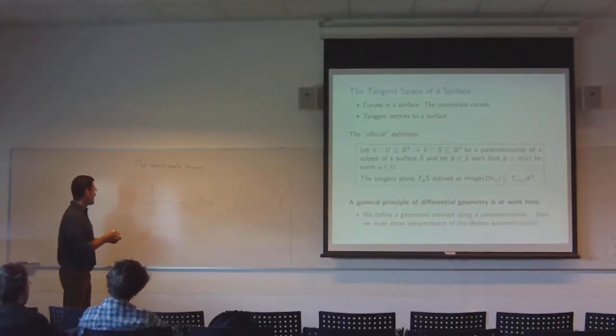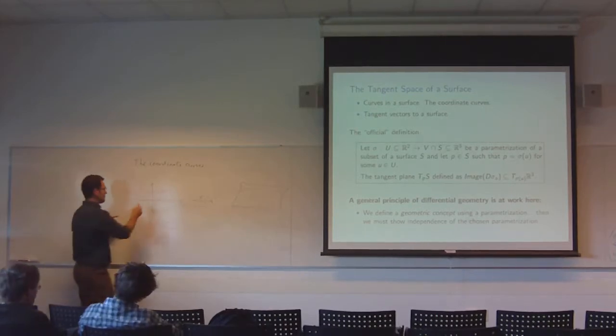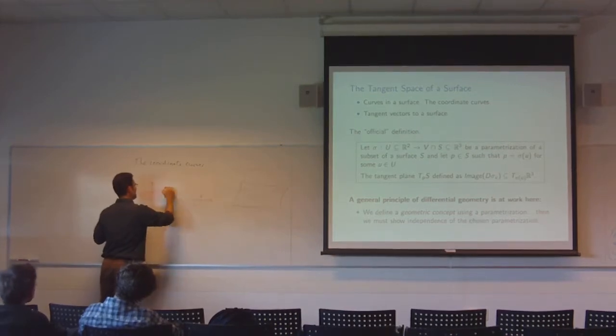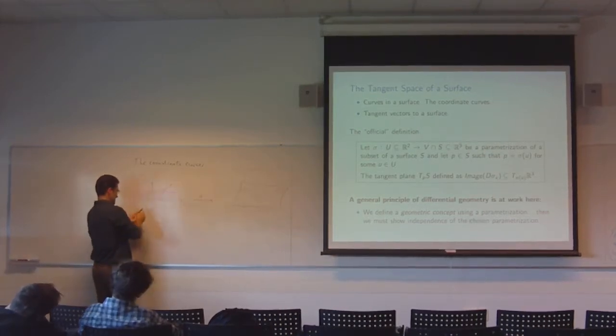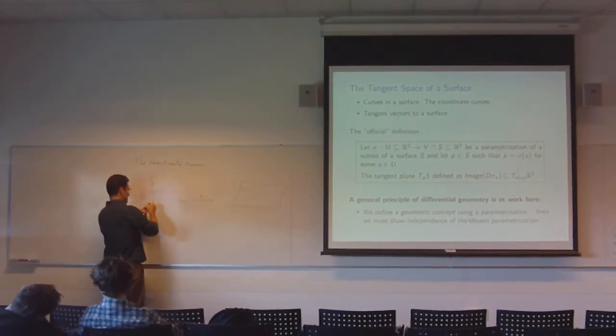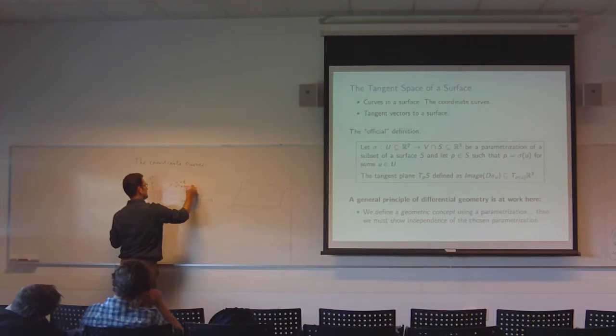So a coordinate curve is the same construction on the other side, except what you do is you use these curves. So this is U1, this is U2, so these curves are U1 equals t, and U2 is equal to constant.